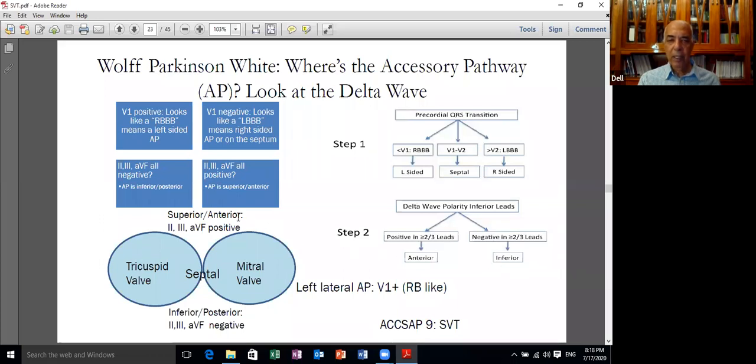So as you see here, this is the mitral annulus, this is the tricuspid annulus, and the accessory pathways are located around this. The commonest is at the lateral mitral annulus, then the posterior mitral annulus, then the septal, and then on the right side. And if you get a V1 negative complex, this means that the accessory pathway is located on the right side.